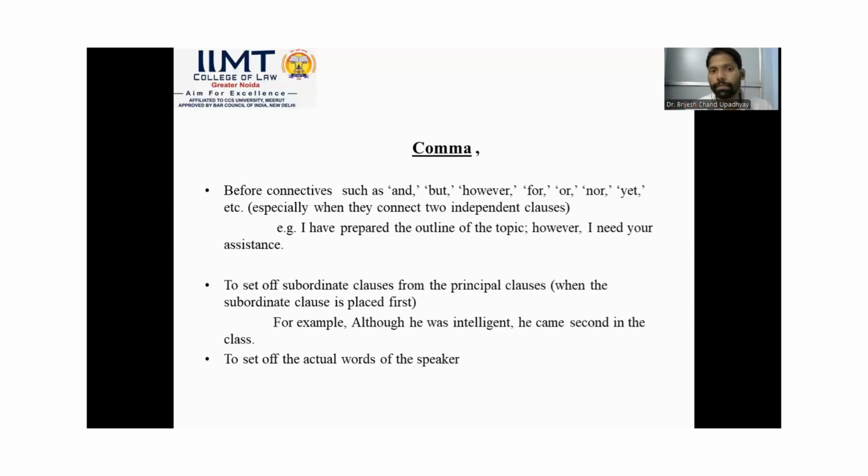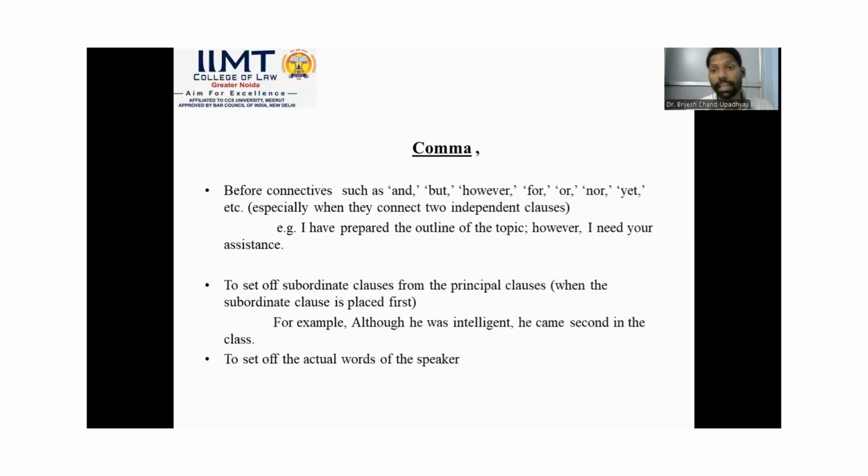Comma is used, as you say, in these contradictory conjunctions: but, however, for, nor, yet. In these, when they start a sentence, they are separated or set off by a comma.